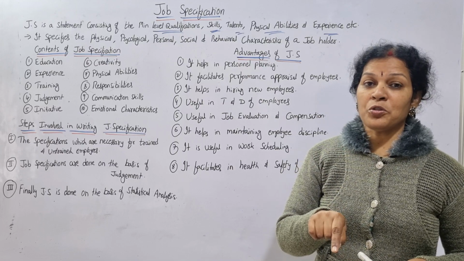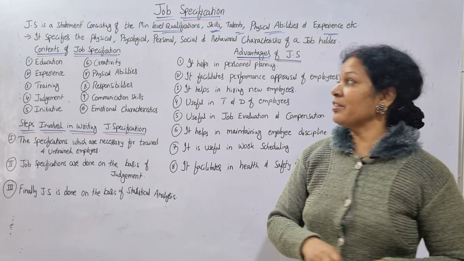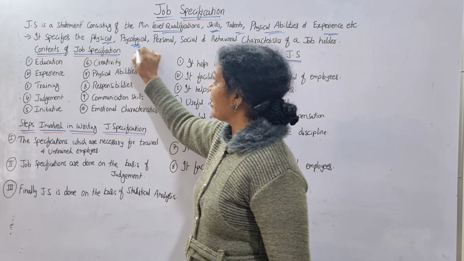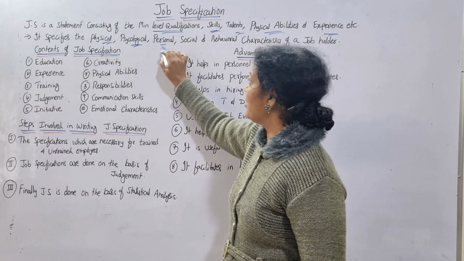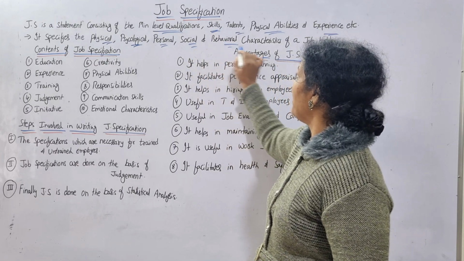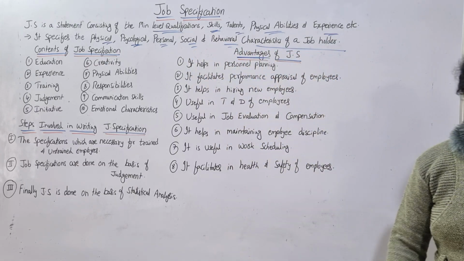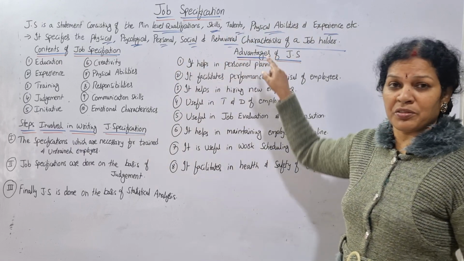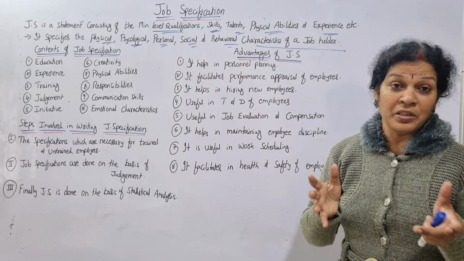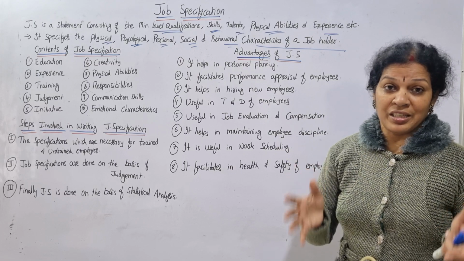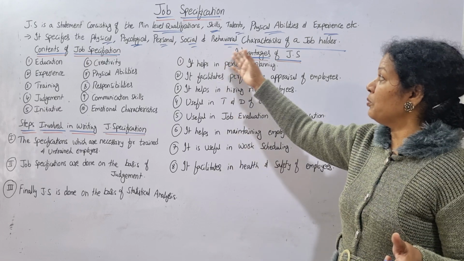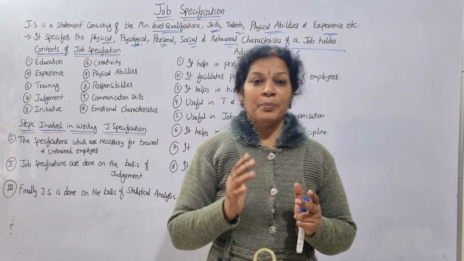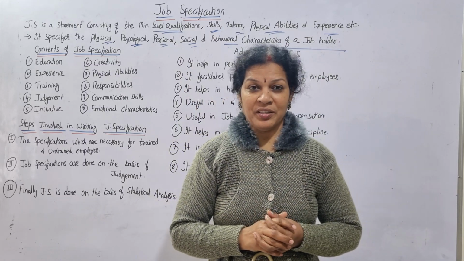Job specification also considers a few more things. It specifies the physical, psychological, personal, social and behavioral characteristics of the job holder. Physically he must be fit, psychologically he must be fit, whether he has social skills or not, and also behavioral skills. All these things we can find out through a personal interaction with the employee.